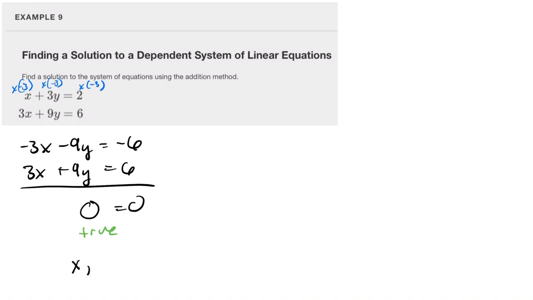Now, if we solve for y in the first equation, subtract x and divide, y is going to take on the form of -x plus 2 over 3, right? So no matter what x we choose, y takes on that form. You can choose x, find the corresponding y by doing this, and then check that the ordered pair makes both equations true.